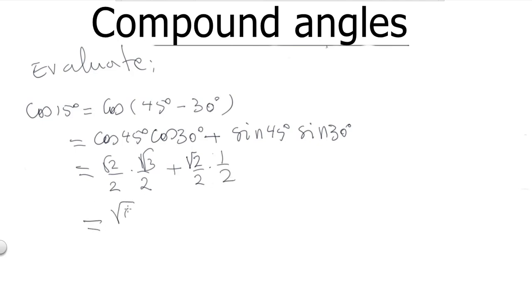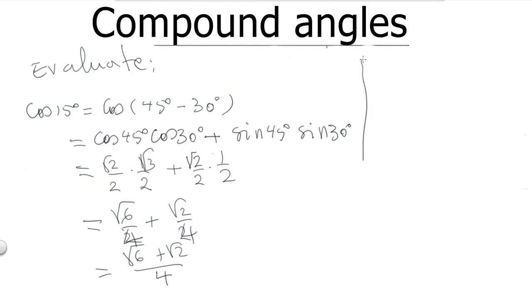So here will give us square root 6 over 4 plus square root 2 over 4. So this will give you square root 6 plus square root 2 over 4.